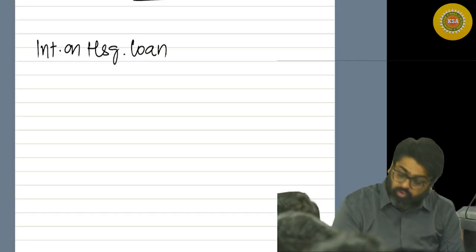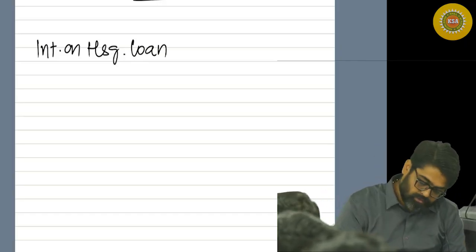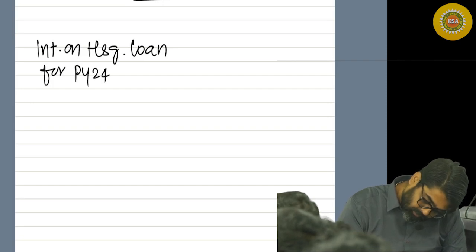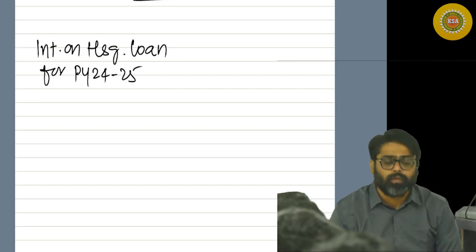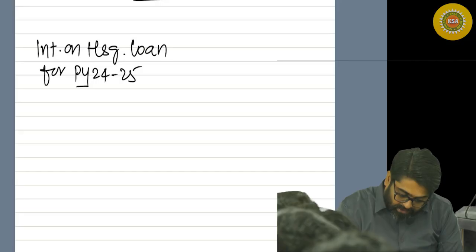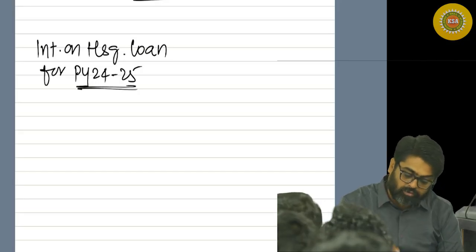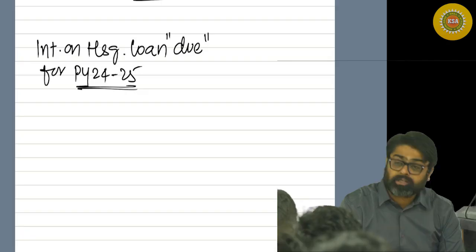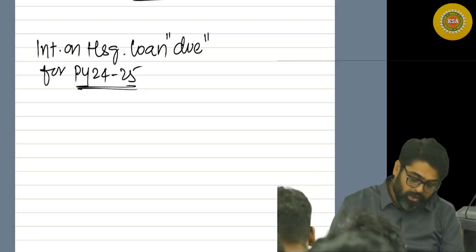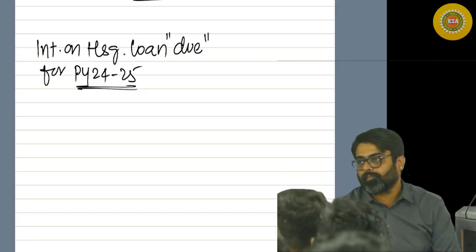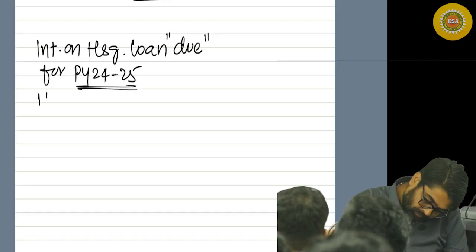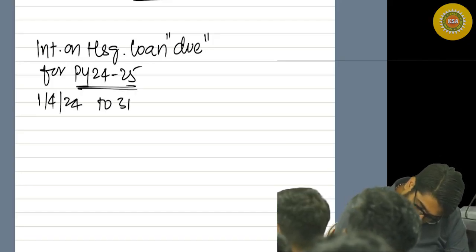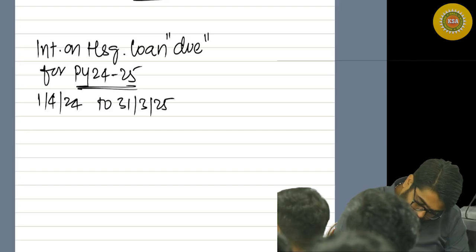Now pay attention. Interest on housing loan. Now you are supposed to calculate this interest for your previous year. So you are supposed to see how much interest on housing loan is becoming due in your previous year, starting from 1st April 24 to 31st March 25.